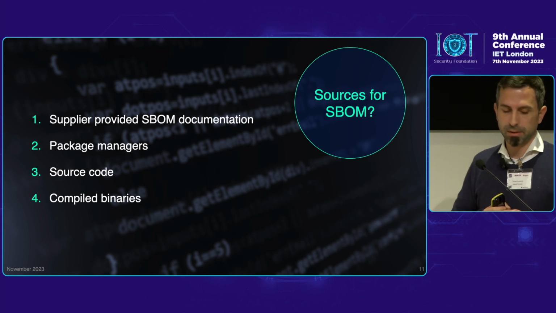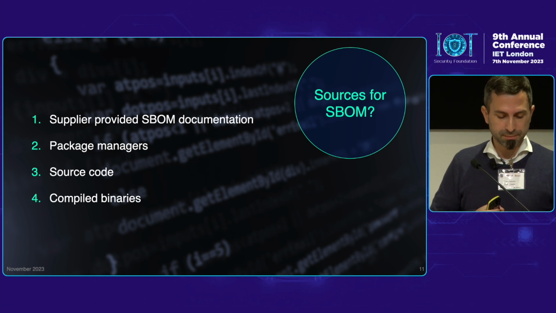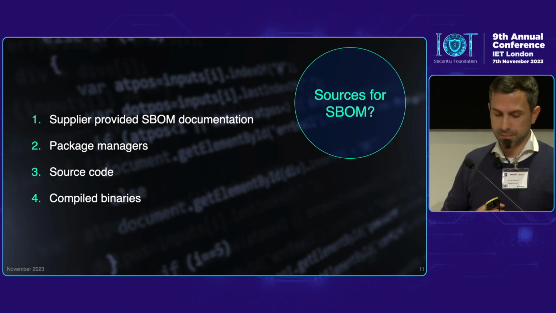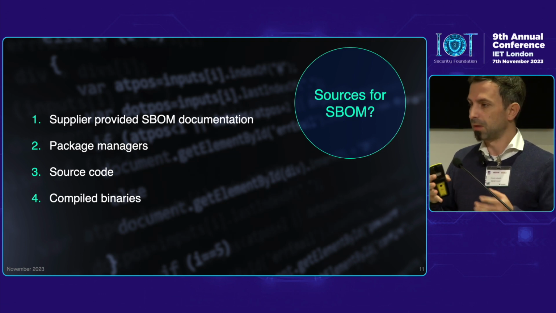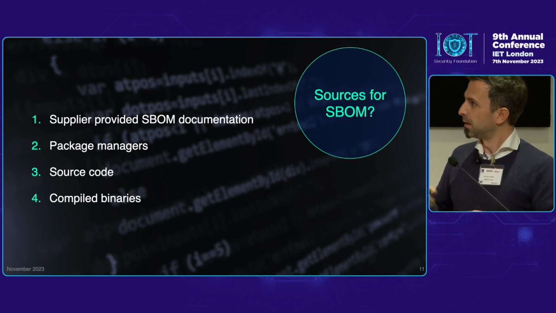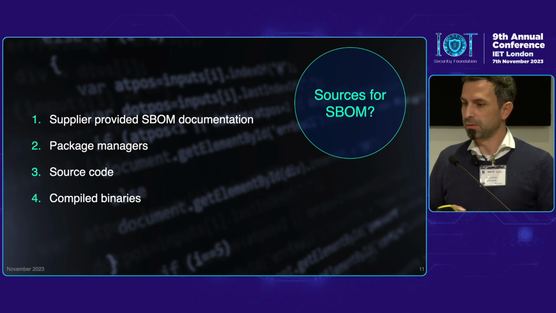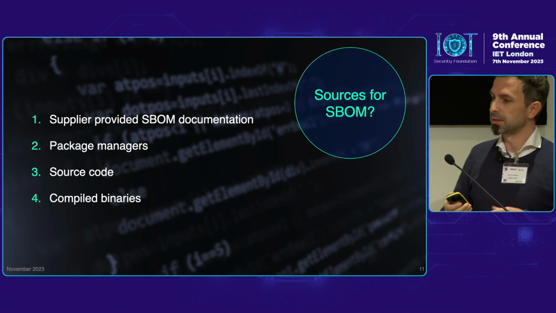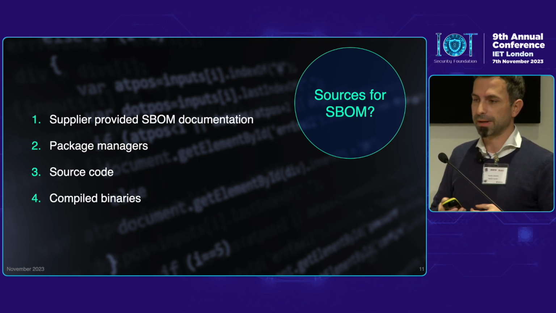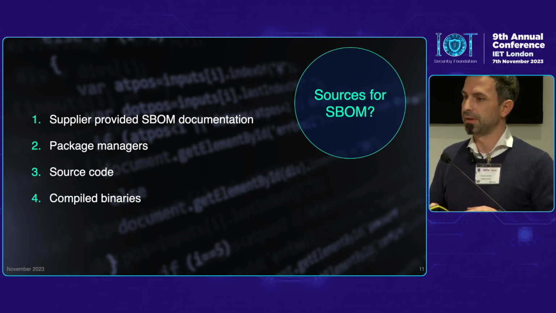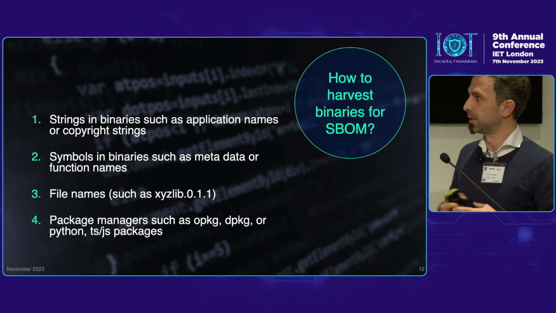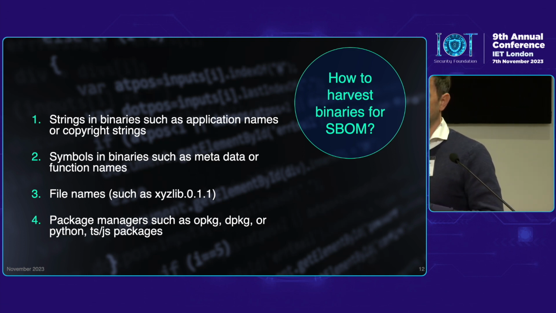So all these approaches come with pros and cons. For compiled binaries, since this is the approach that we focus most on, I also want to share some topics that you can look for, or some hints that you can look for in order to identify software components in binaries.